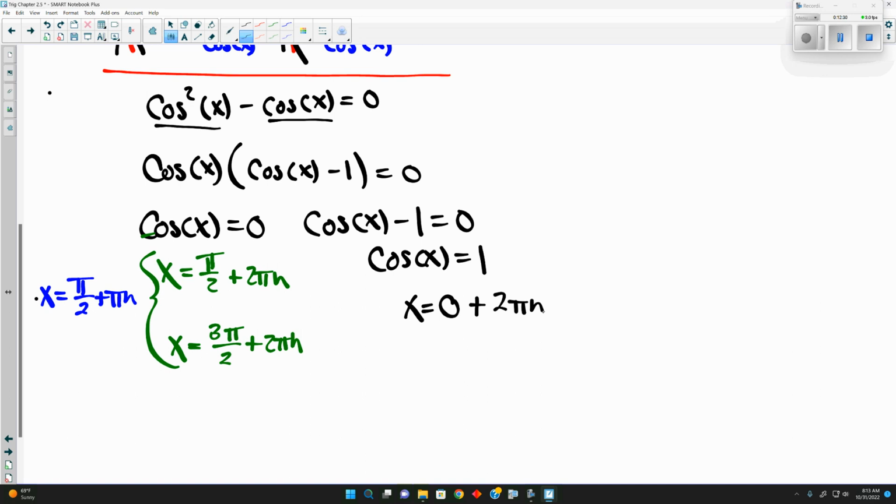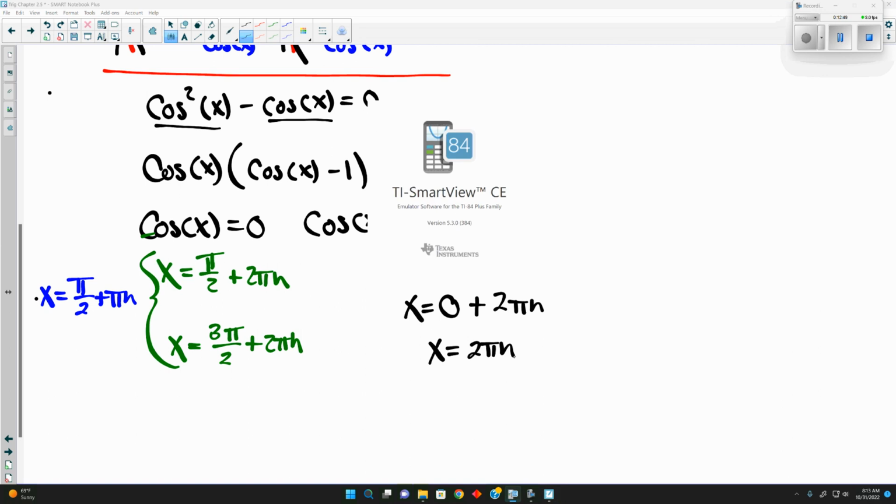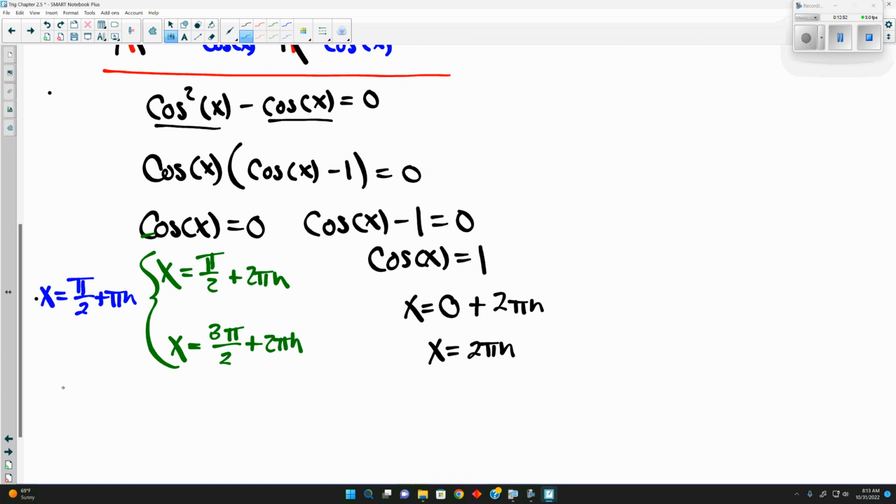Or really, this is just saying that x is equal to 2 pi n. Any questions on this here? So between 0 and 2 pi, or 0 and 6.28, we have 1, 2, 3 solutions.